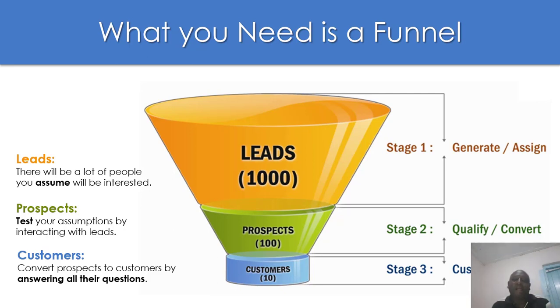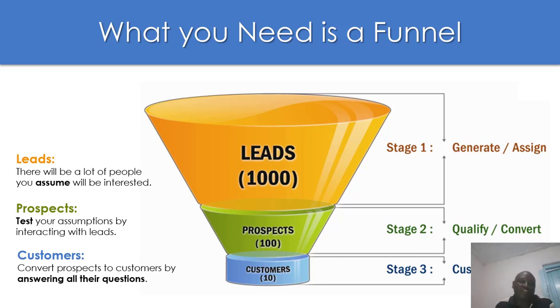So let's say you lead 1,000 people to your website. Maybe you are offering a freebie, maybe they've downloaded some informational product, so many people, like 1,000, have signed up to your email list, or they have come to visit your website.